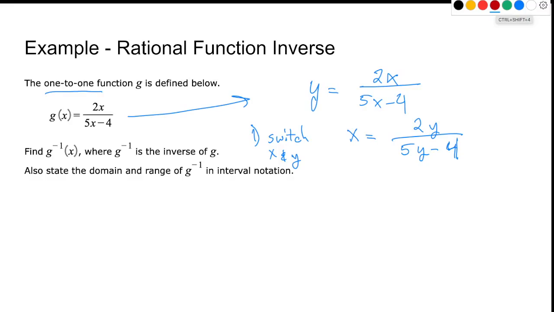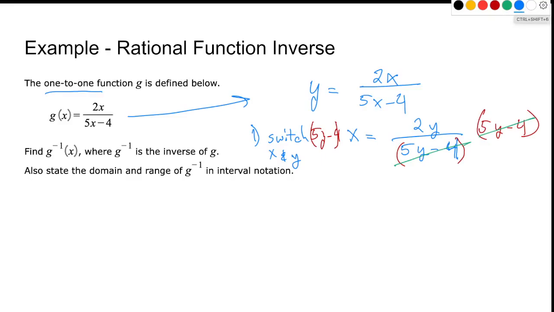So the first thing is to get rid of the fraction. We'll multiply by the denominator, 5y minus 4, on both sides. On this side, they cancel out very nicely.